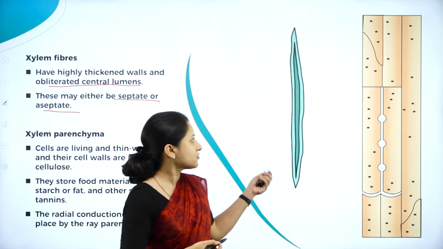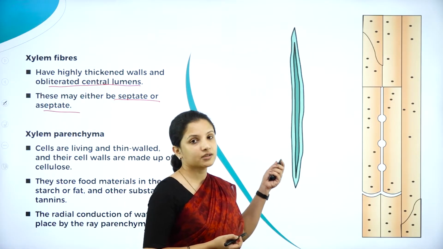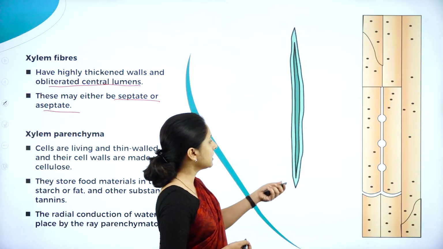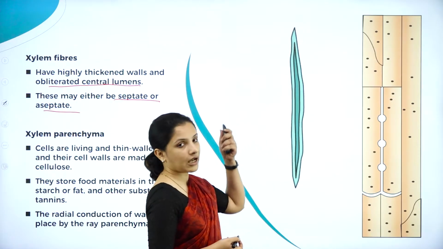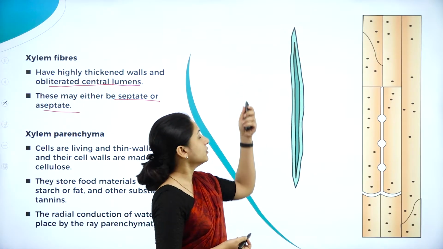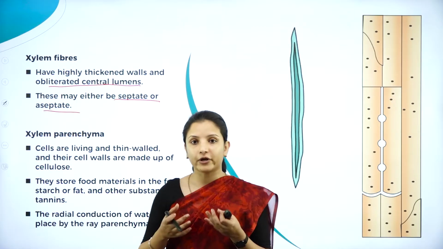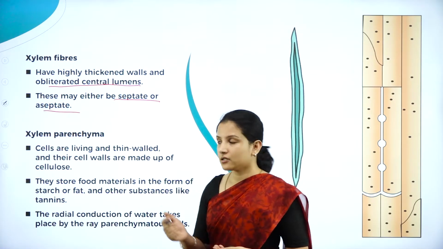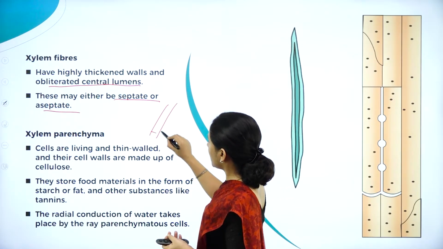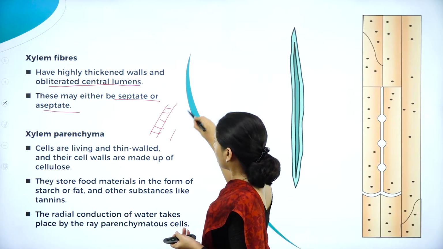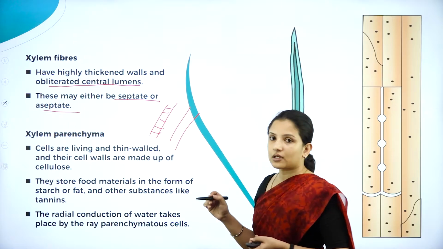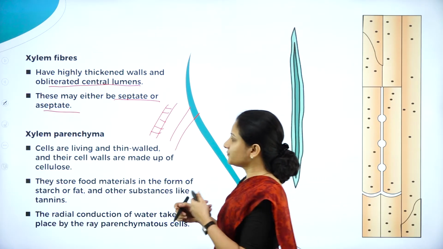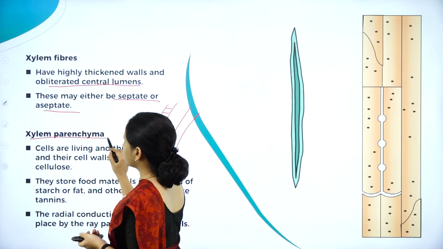Here I have shown you the xylem fiber, which is aseptate, long, cylindrical, having a lumen cavity and tapering or pointed at the ends. They can either be septate, having septa, or aseptate, without any septa.